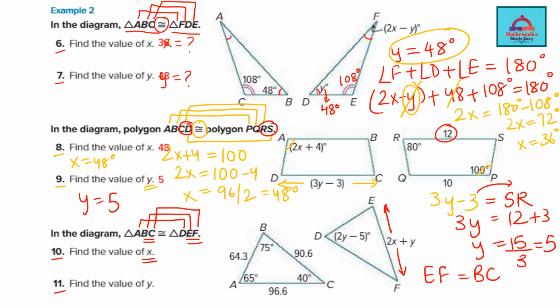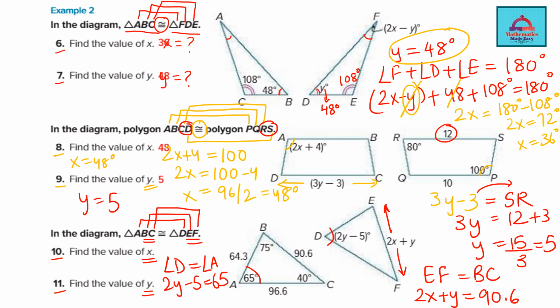So EF, let's put the value 2x plus y is going to be equal to BC. How much? 90.6. So this is one equation. Next, you have to find the value of y. That means you are going to take this angle, angle D. Angle D is equal to angle A. Let's put the value 2y minus 5 is equal to angle A, which is 65.